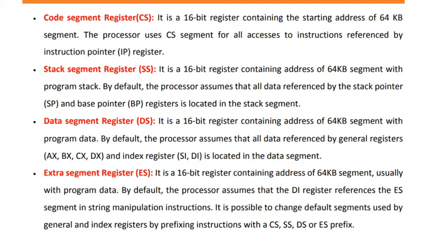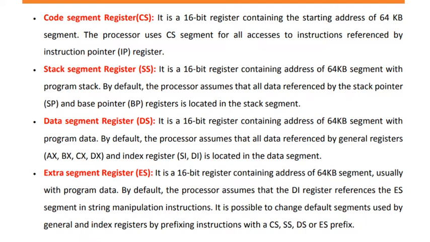In case of the code segment register, we will be using the instruction pointer as offset. The instruction pointer will be used to create displacement from the base address, that is CS, in order to refer to a specific byte in the code segment.